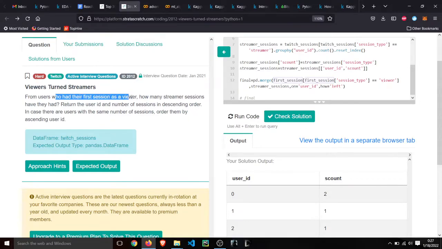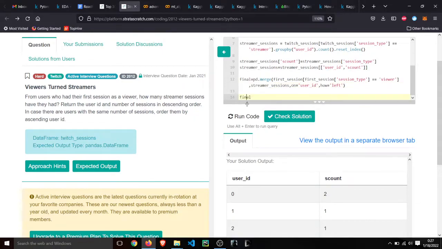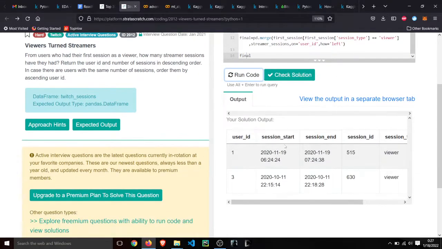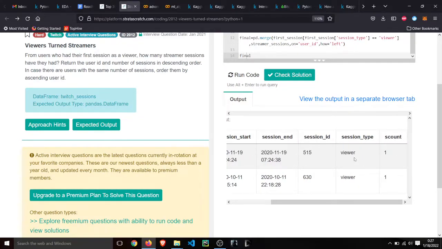This line was the first session as a viewer. We need to merge it with the streamer sessions on the user ID as the joining key. And when we run this, we get user ID 1 and user ID 3 as our answers. And we see they both are viewers and their stream ID is 1.